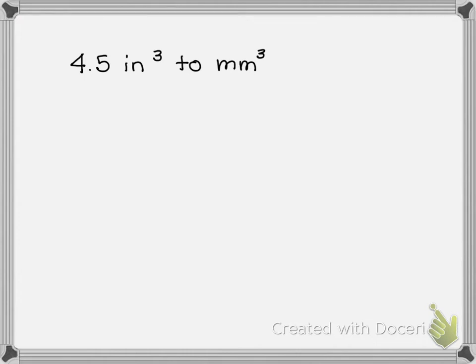So to start this problem, we would need to know the relationship between the two units that we're looking at. We are given inches and we're trying to go to millimeters. So if I look at my conversion table, I know it has in there 1 inch is equal to 2.54 centimeters.